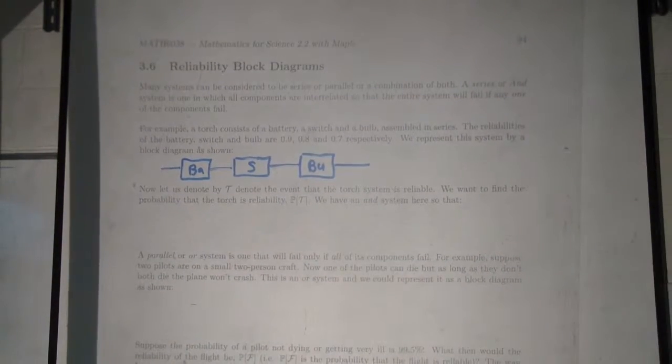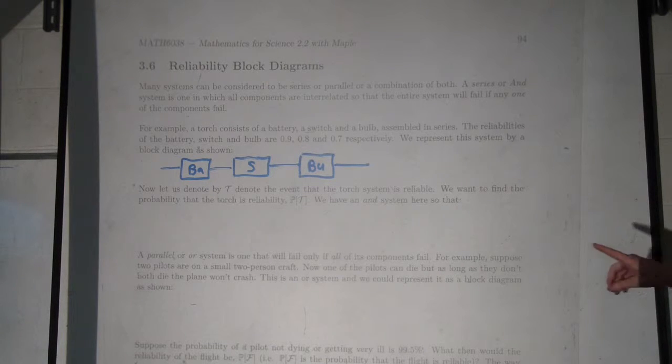So we're going to say this is the battery, the switch, and the bulb. And we have the reliability of each of them. The battery 0.9, the switch 0.8, and the bulb 0.7. And what we're going to look at is the probability that the torch system works. Now this is what you call a series.